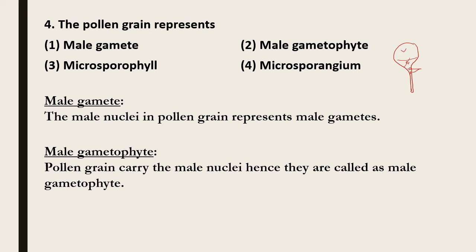These two male nuclei are called male gametes. These male gametes are carried by the pollen grain. Hence, the pollen grain is also considered as the male gametophyte. So the correct answer is option 2.